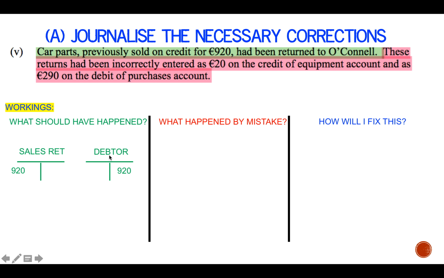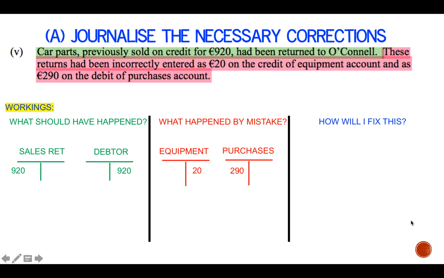The asset debtor has reduced, so when an asset account reduces, we credit it, so €920 on the credit side there. So that is what should have happened. Now these returns have been incorrectly entered as €20 on the credit side of the equipment account and as €290 on the debit side of the purchase account. So that is what happened by mistake there.